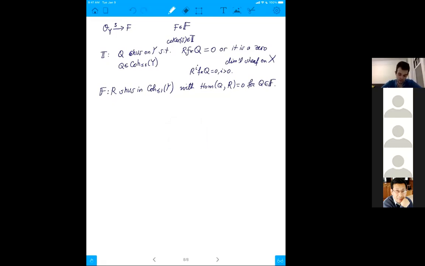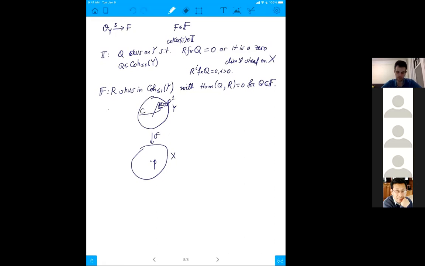So let's see an example, or actually a non-example first. So let's see, this is Y, this is f, this is X. And let's say that we just contract one curve, which is a P1. Oh, maybe I'll call it E. Okay.